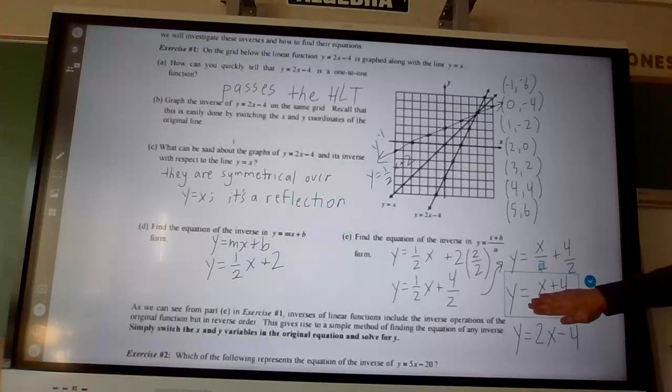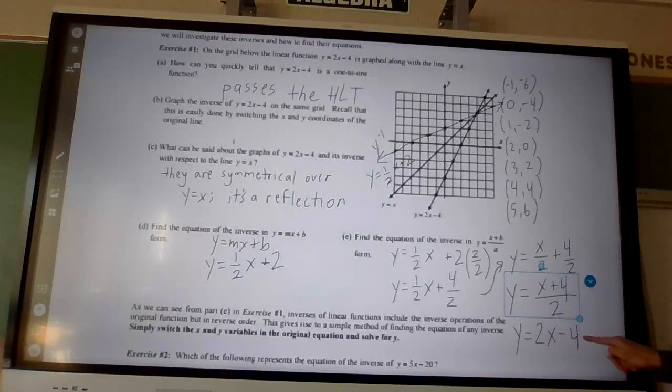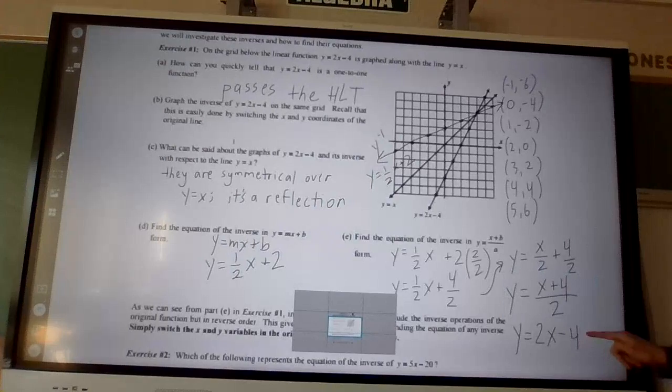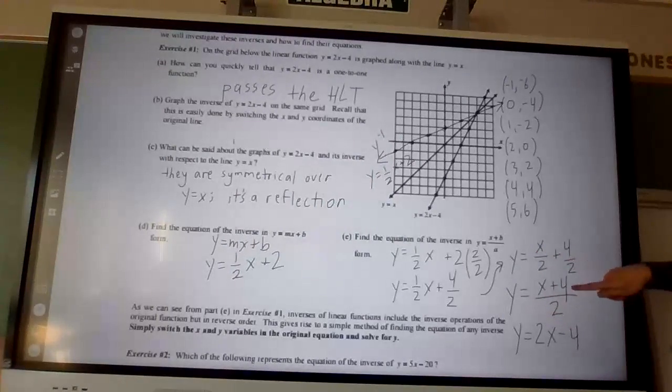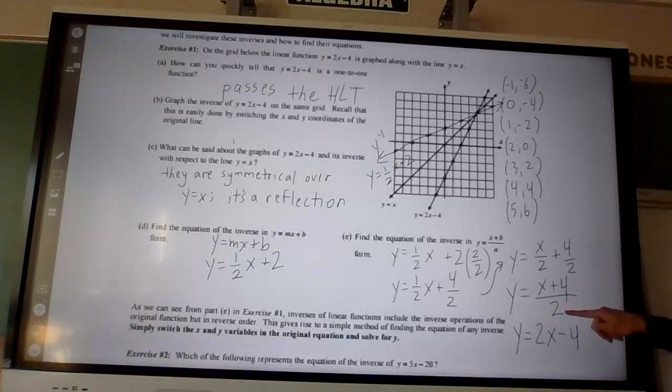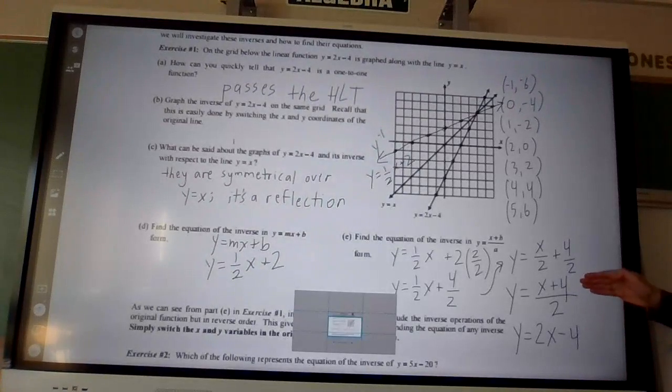So our inverse starts by adding 4, where our original ended by subtracting 4. And then our inverse ends by dividing by 2, which is the inverse operation of multiplying by 2. So you can see those are the inverse operations of the original, in the reverse order.